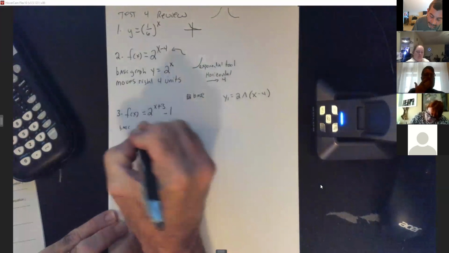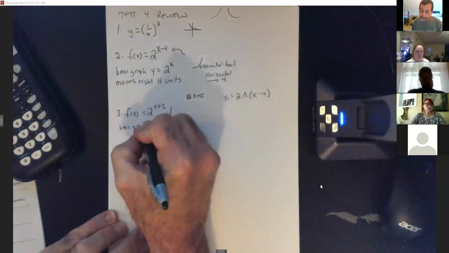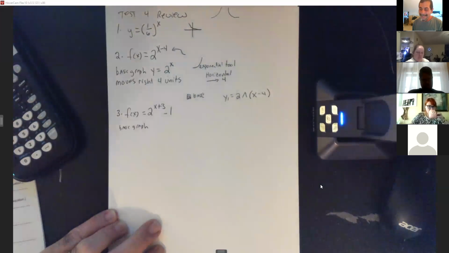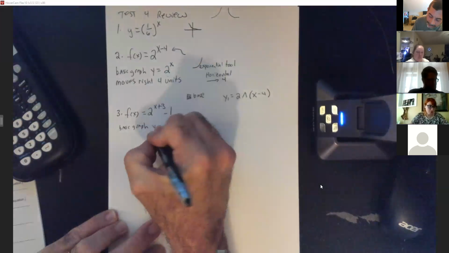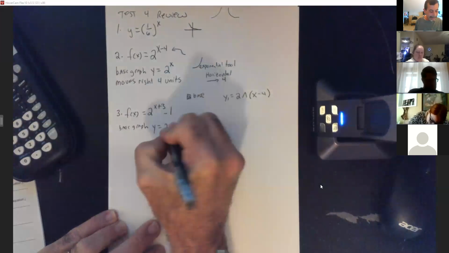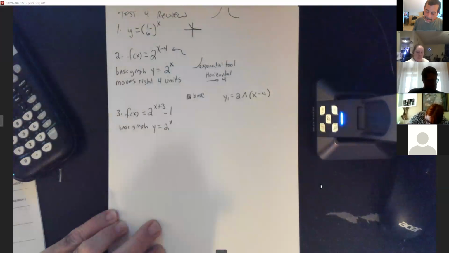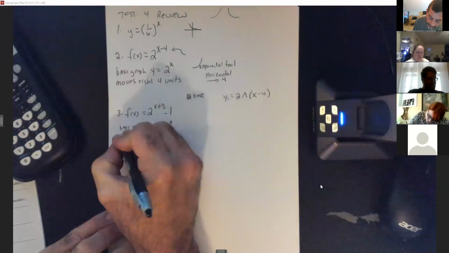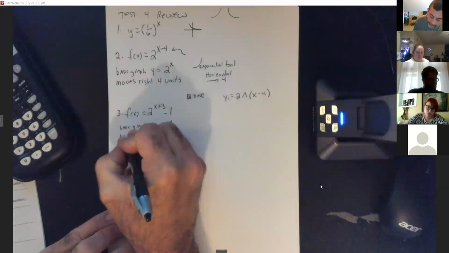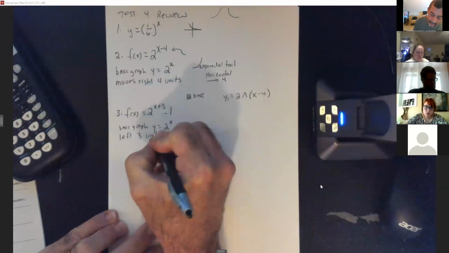So is that one left 3 and down 1? Oh, bam, look at that. Exactly right. So we're starting with the basic graph, y equals 2 to the x. And then you said move it left 3 units. Good job. And down 1 unit. Good job.